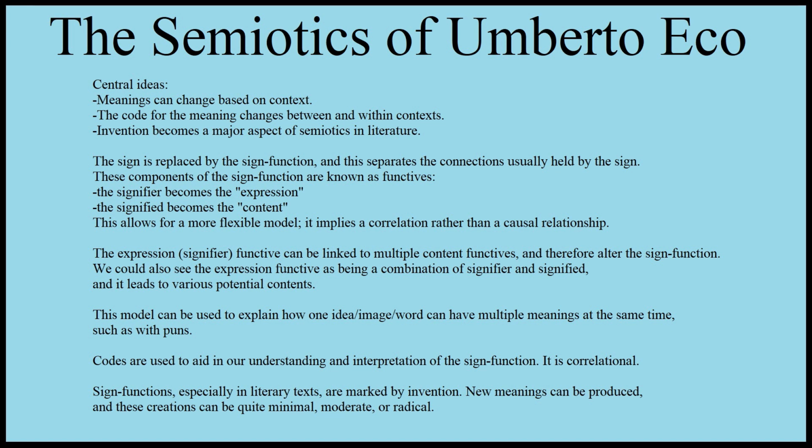You can see that the actual word changes, but the signified, the meaning, does not change. It still means a tree. The tree is the physical thing in the world, and we use different words in different places in the world, different languages, to mean the same thing.